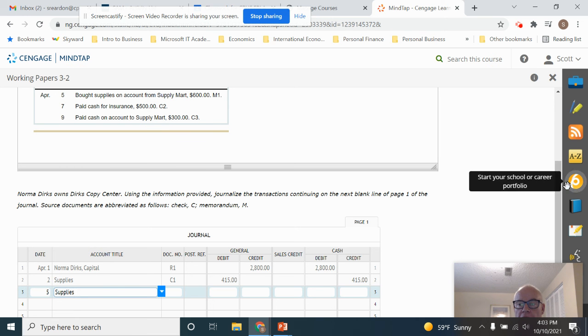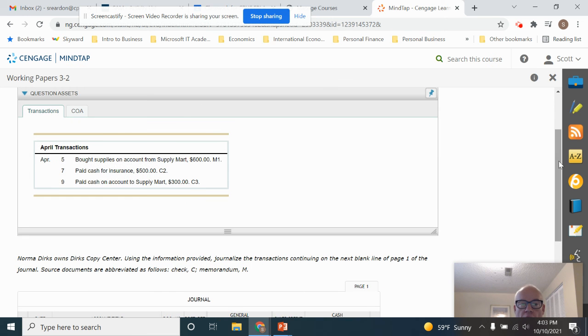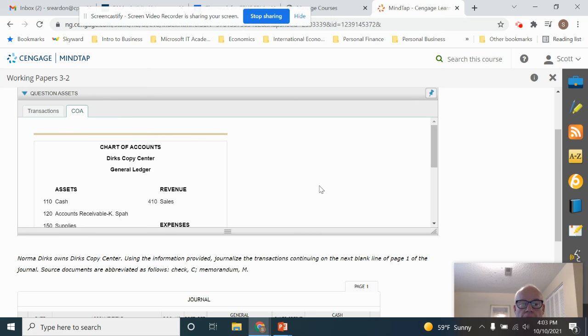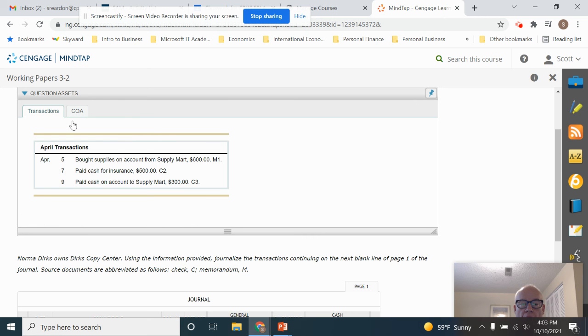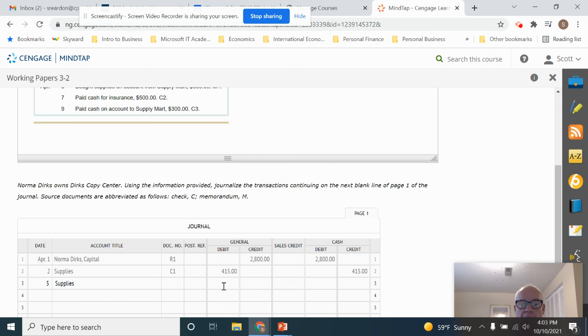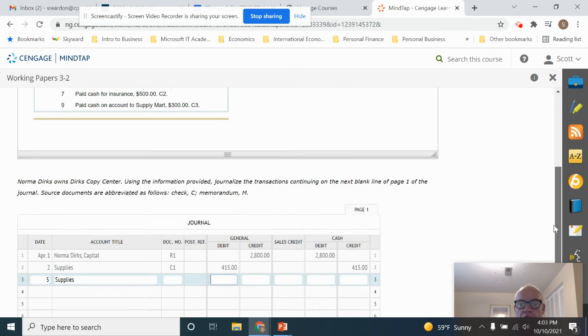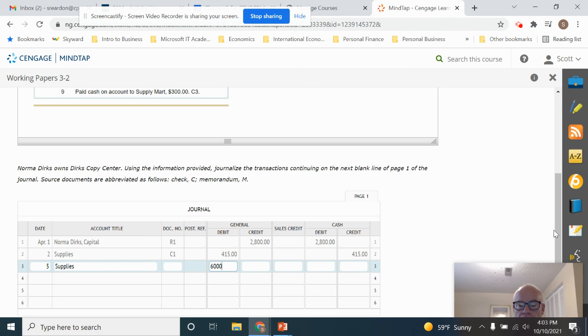I might want to reference my chart of accounts. There's supplies. Okay, and so I am debiting supplies for $600. Let's not put 6,000 in there.